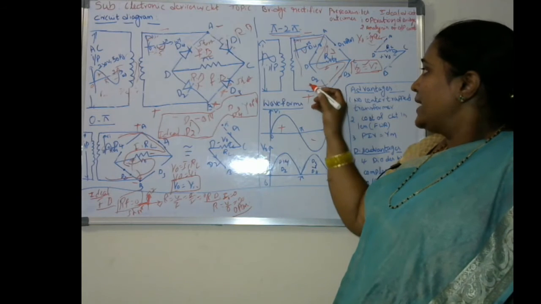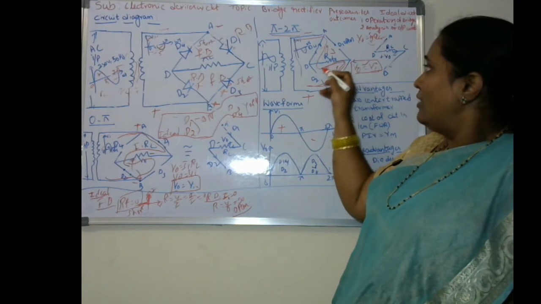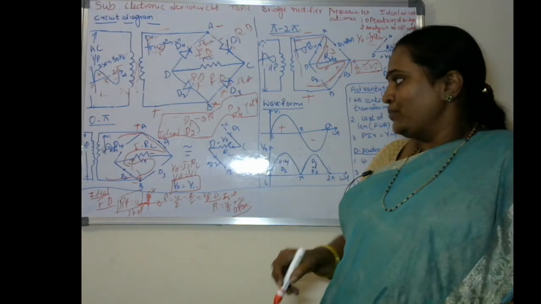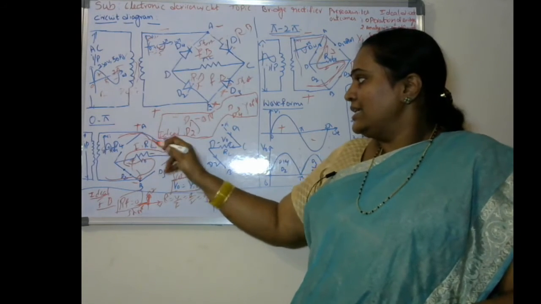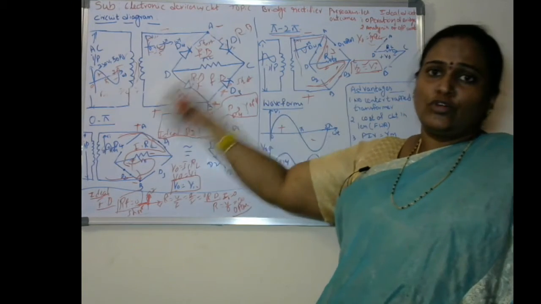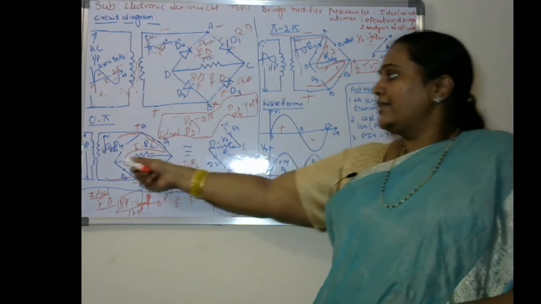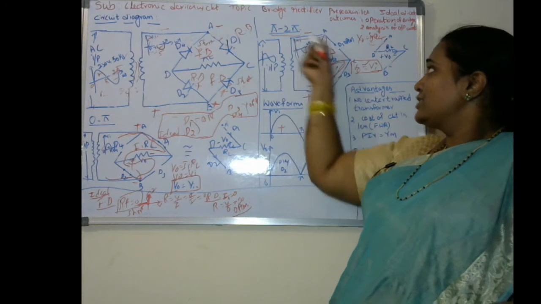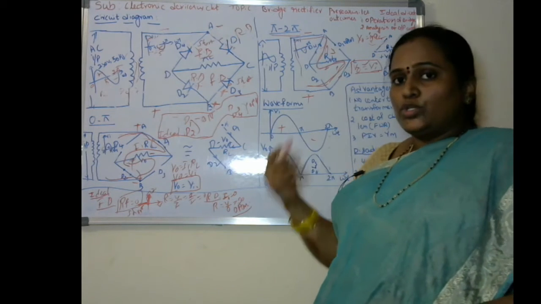In the pi to 2 pi case, if you observe, this is the direction of flow and this is the direction of flow. Both are opposite to each other.